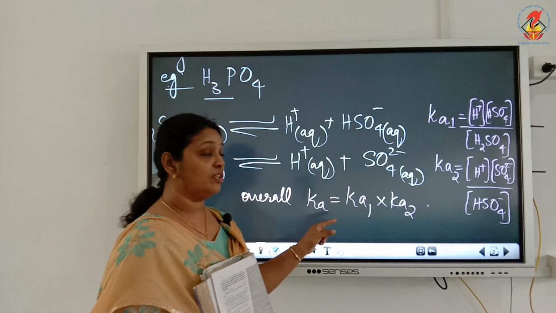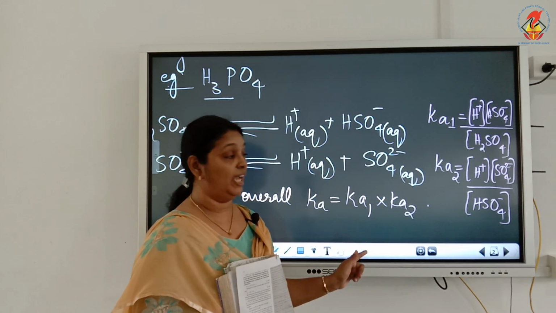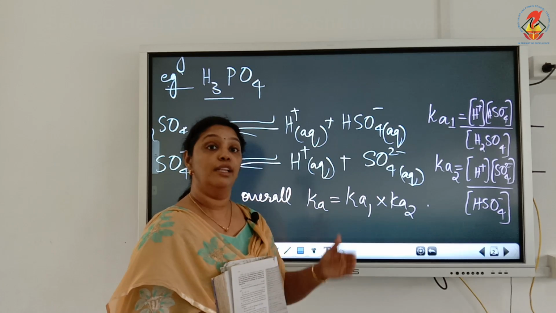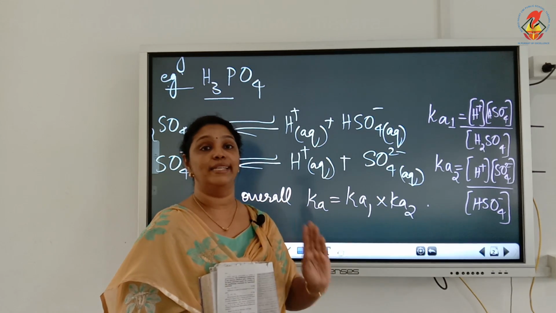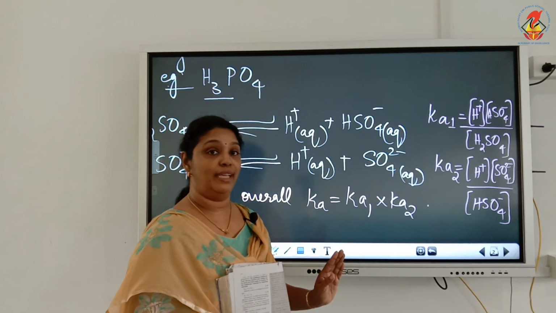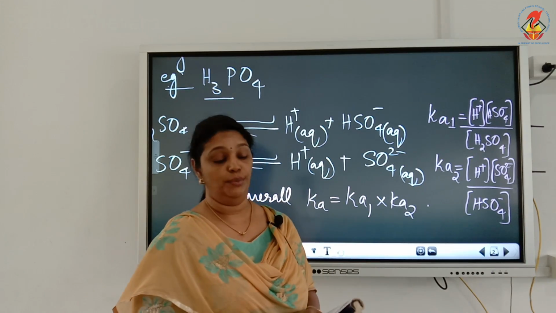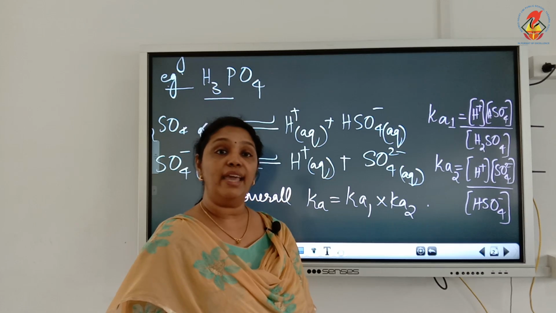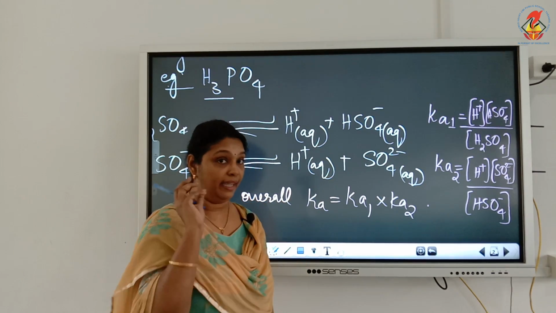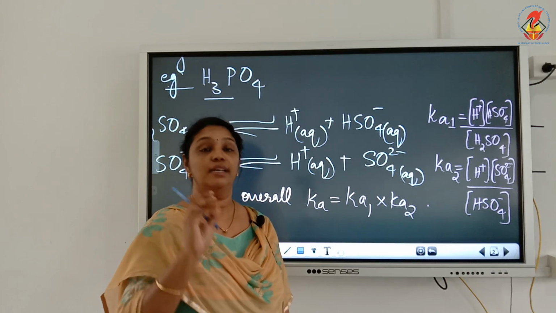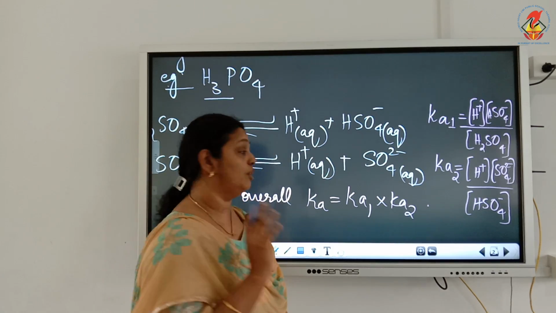So, Ka1 is called the first dissociation constant value, Ka2 is called the second dissociation constant value, and the overall dissociation constant Ka value for sulfuric acid will be the product of Ka1 and Ka2. This Ka value is very important, and it gives us the measure of strength of an acid.